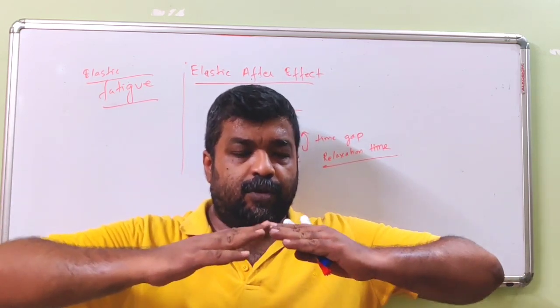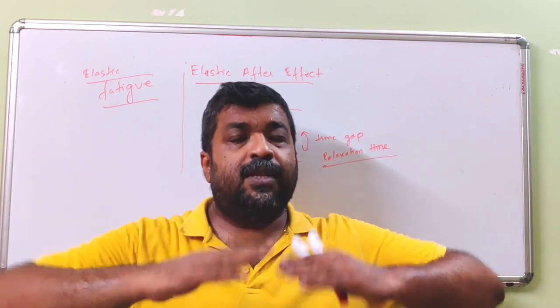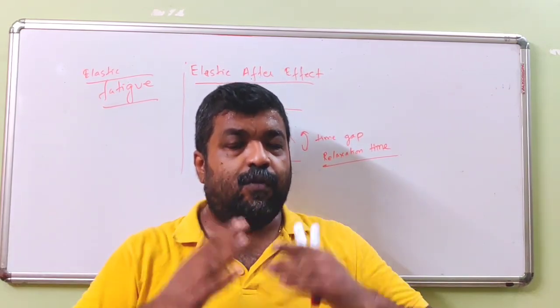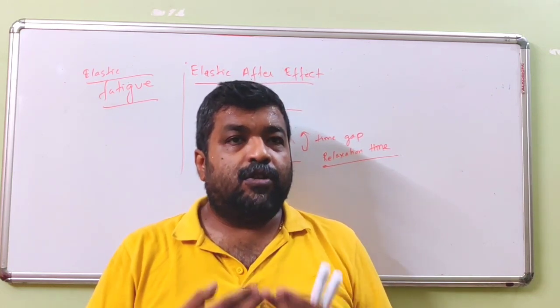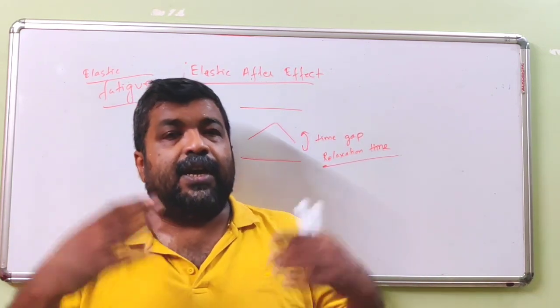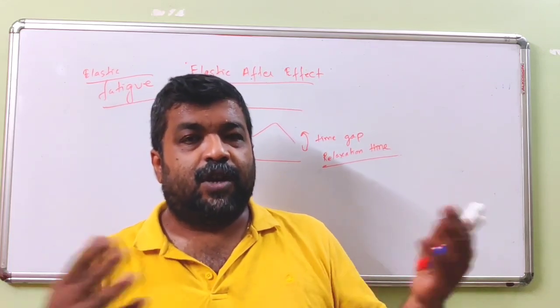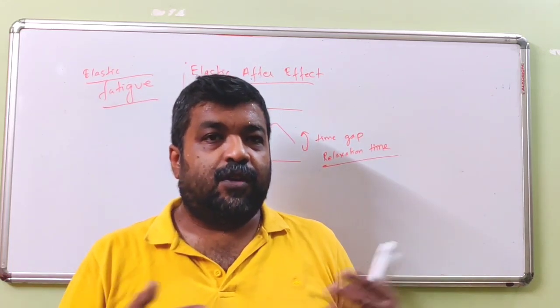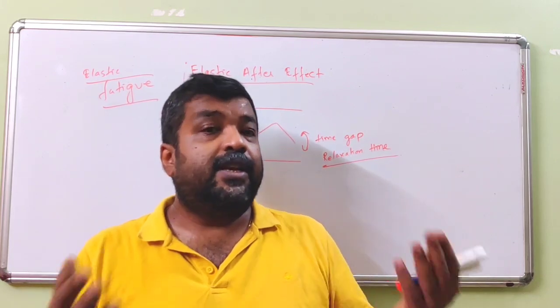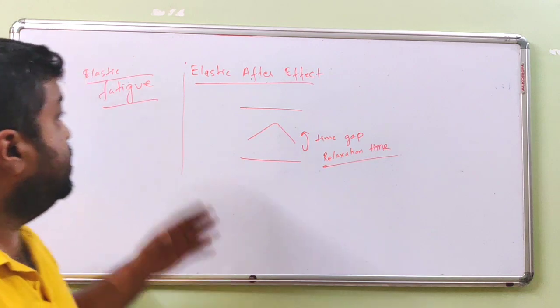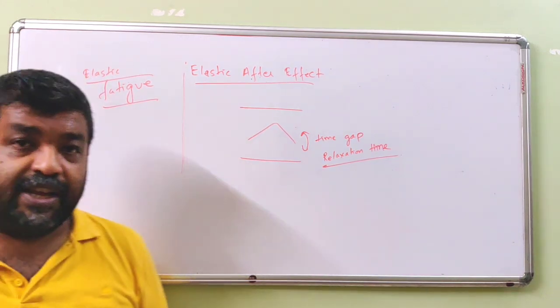Because of this alternate stress and strain, the application and removal of force, it loses strength, and finally after 50 or 100 years, it loses all its elastic properties and is unsafe for use. That property is called elastic fatigue.